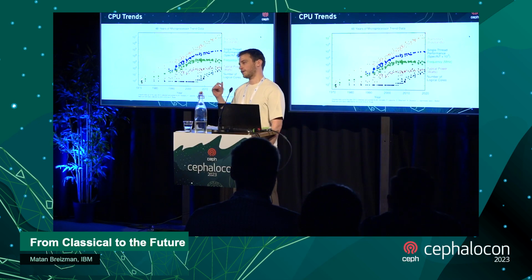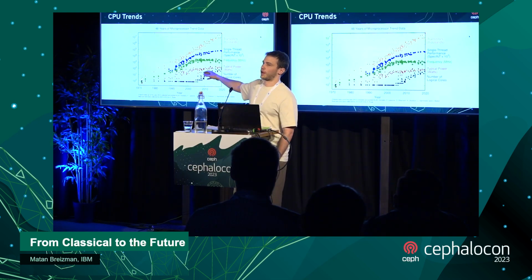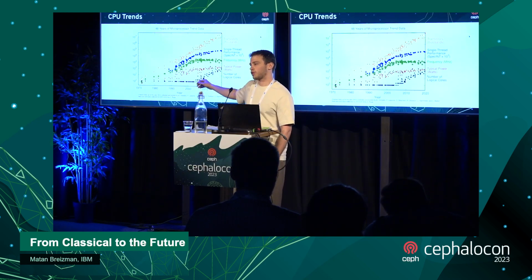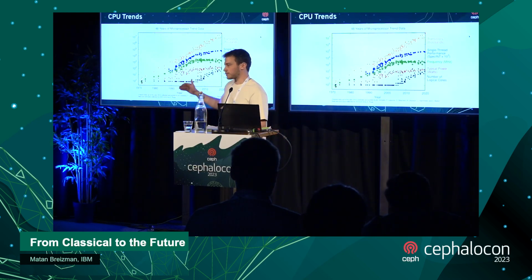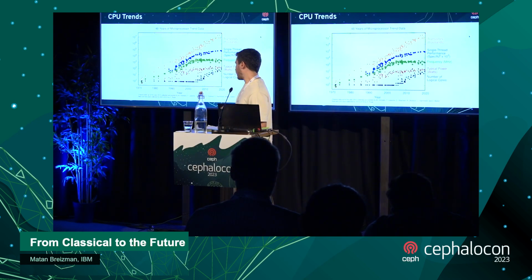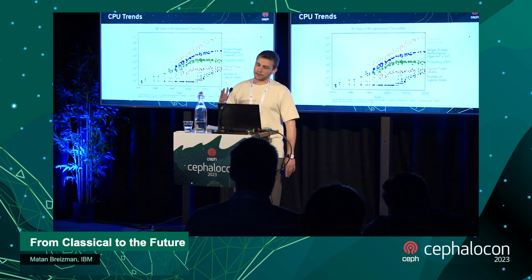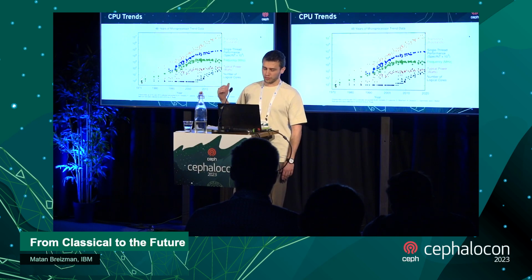However, what we gain instead is an increase in the black trend, the logical core count in CPUs. We scaled from a single core, and we started doubling the core count instead, up until today. So what we have is an increase in logical cores, but not an increase in per-core throughput.